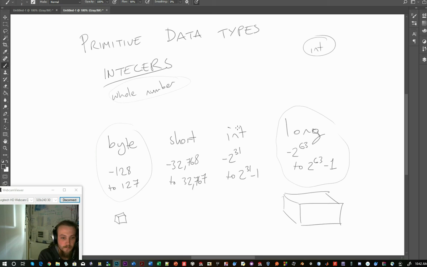Now, obviously, if you know for certain that you're only going to use very small numbers, then obviously a byte would be better for memory. But if you know you're going to be using very large numbers, then you would go with a long. However, when you're not sure, it's best in Java to default to an int, meaning if you're not sure, just choose an int as your data type for whole numbers.